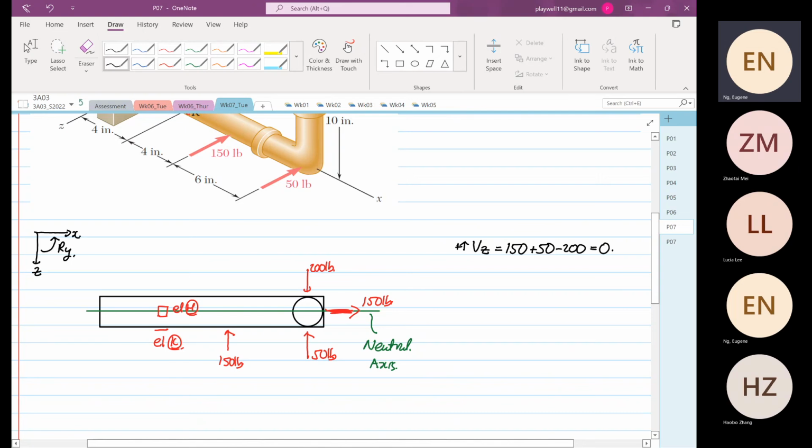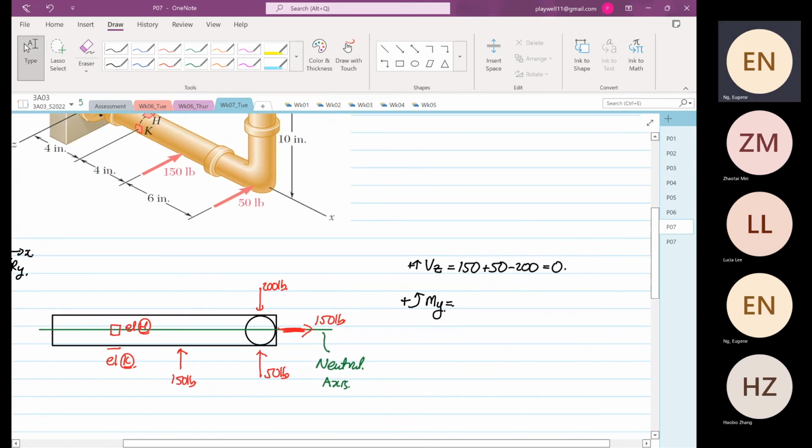Then the next thing is the bending moment. Okay, so bending moment. I'm going to take anti-clockwise, and we are going to do moment in the Y direction. So the 150 is going to go in an anti-clockwise direction.